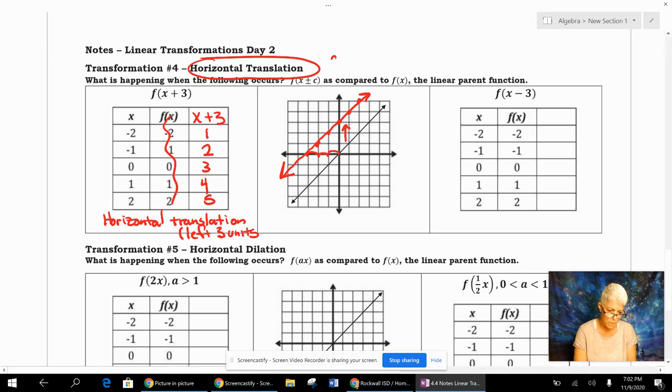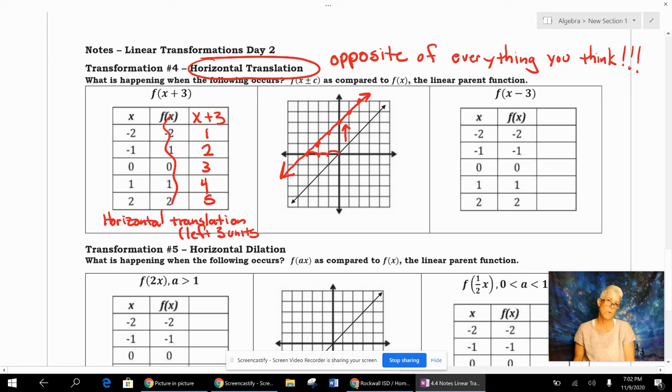So I'm just going to put a little note for you, so when you start getting confused, you can refer back to this. Opposite of everything you think. So if you think it's going to go to the right, it's probably going to go to the left. If you think it's going to go to the left, it's probably going to go to the right. So we'll just test each one of those out.